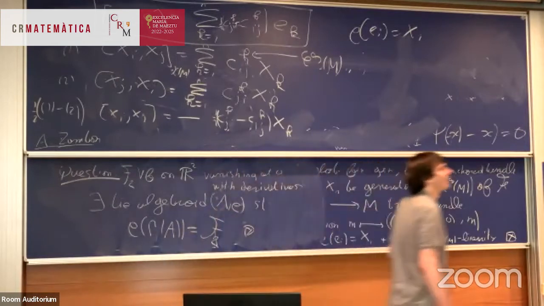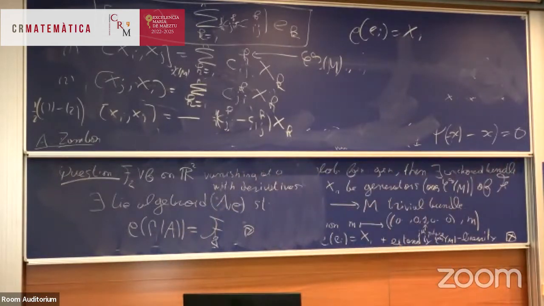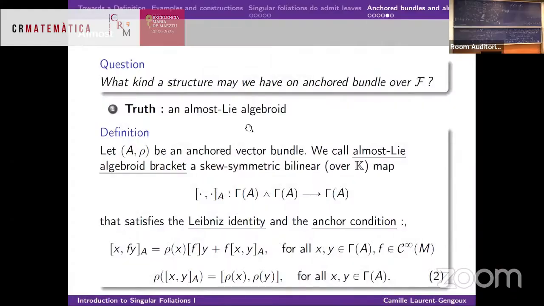So, we don't have a Lie algebroid. Too bad. Almost 20 minutes. Okay. We don't have a Lie algebroid, but we have at least, by this construction I have shown here, an almost Lie algebroid. What does that mean? You have a skew symmetric bracket that still satisfies a Leibniz rule. Jacobi is not true, but at least the anchor map is a morphism.